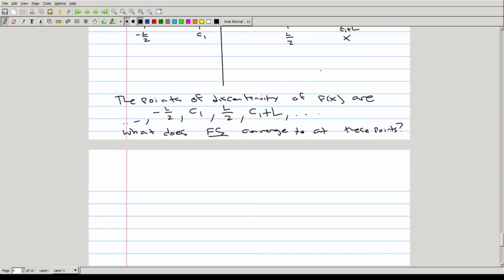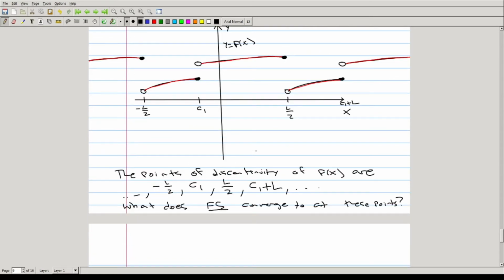And if you investigate this and look at, say, plotting the Fourier series out in Desmos, or using the Python code that I'll provide for the class for computing Fourier series, you'll see for any example that you do that the Fourier series actually ends up converging to the average of the limit as you approach the discontinuity from the right and from the left.